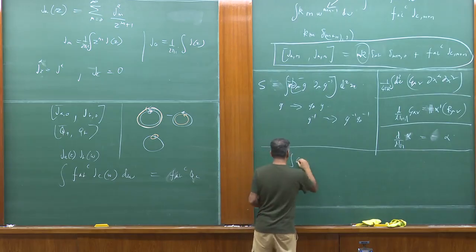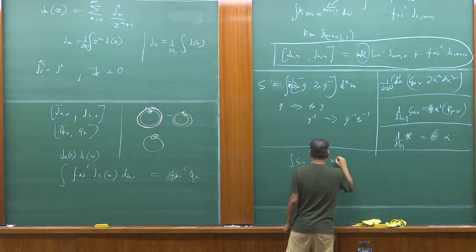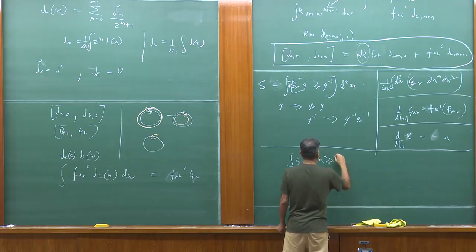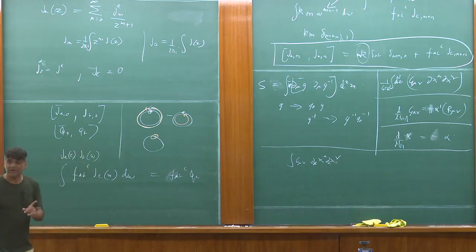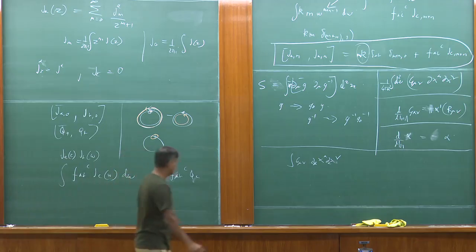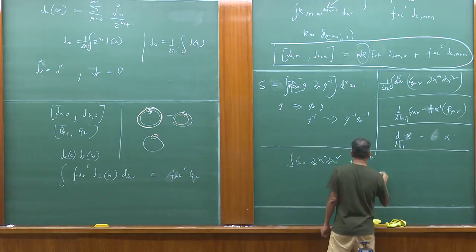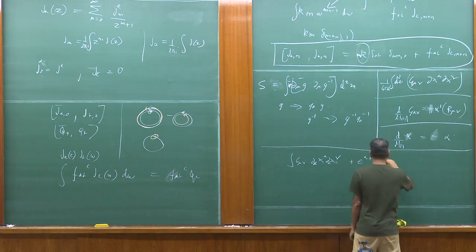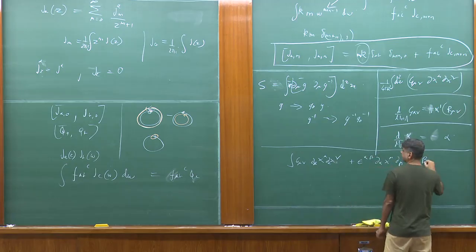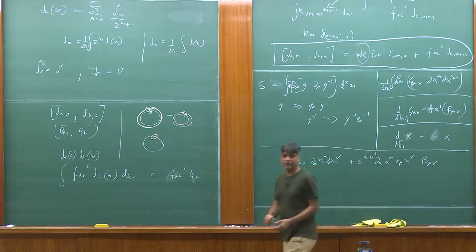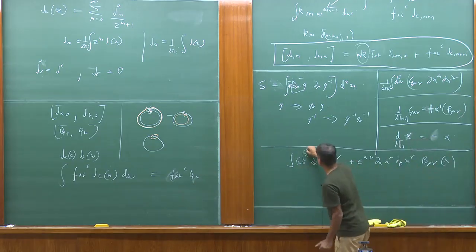In the sigma model, we wrote down g mu nu del alpha x mu del alpha x nu. But there is something else we could also write that's also two derivatives in x, which is plus epsilon alpha beta del alpha x mu del beta x nu times b mu nu, where b mu nu is some function of x, just like g was.